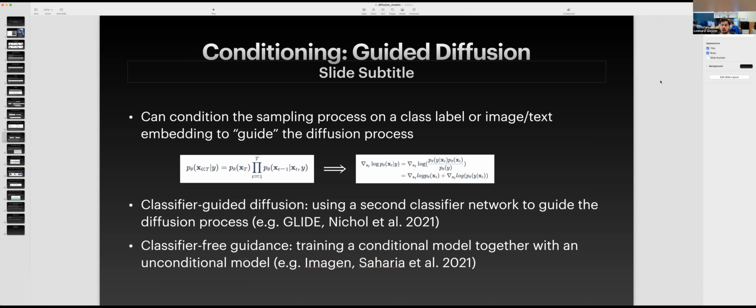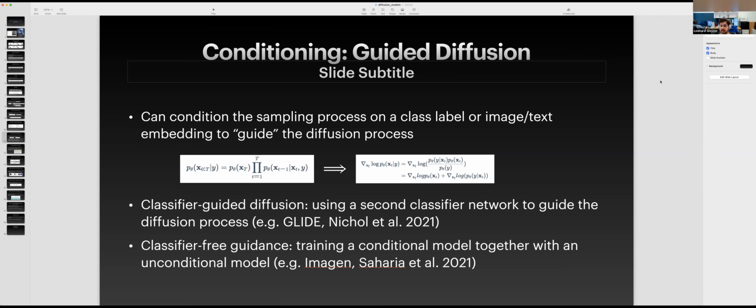So that's the vanilla diffusion models. But what people have been working on, and what you've seen, like the text generated images, are conditioned diffusion models, where you guide the diffusion process based on some class label or some image or text embedding to guide the diffusion process toward a particular subset of the distribution that you're interested in. And there are different variants of this. There's classifier guided diffusion.